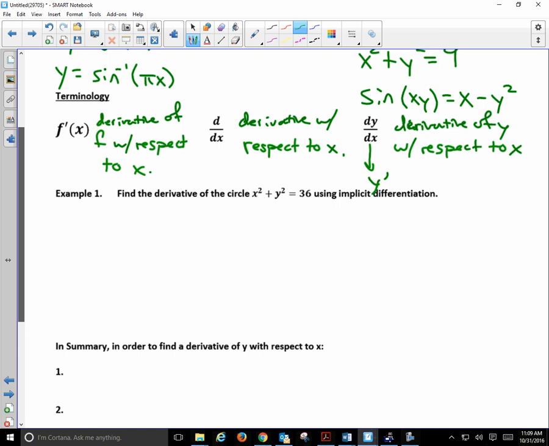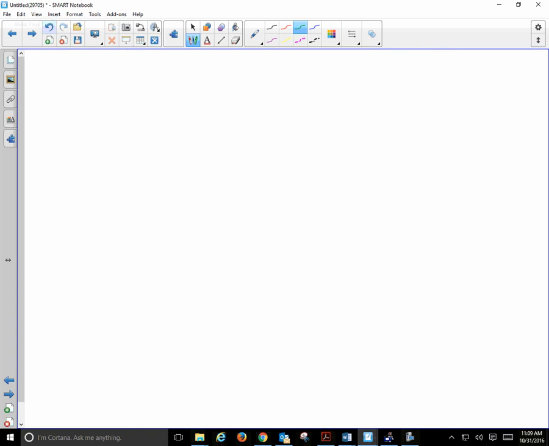So I need to show you something that you've been doing that you didn't realize you were doing, okay? If I give you y is equal to 4x minus 5, what is y prime? What's the derivative? 4. Now, if I change that slightly and I say I have 5y is equal to 20x minus 25, are those the same equations?